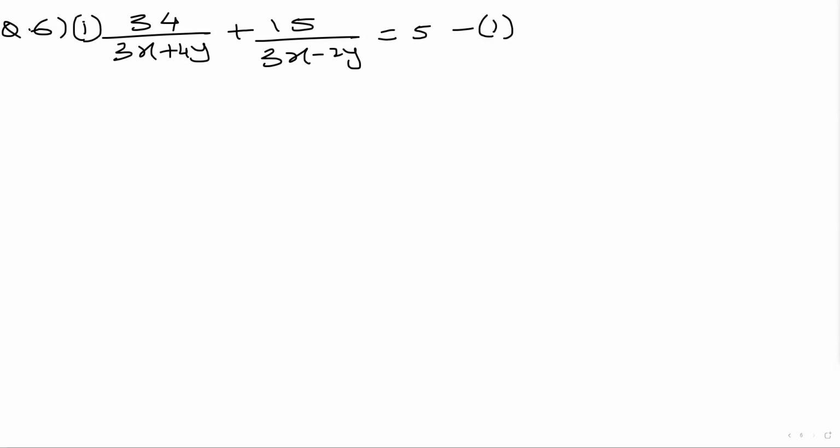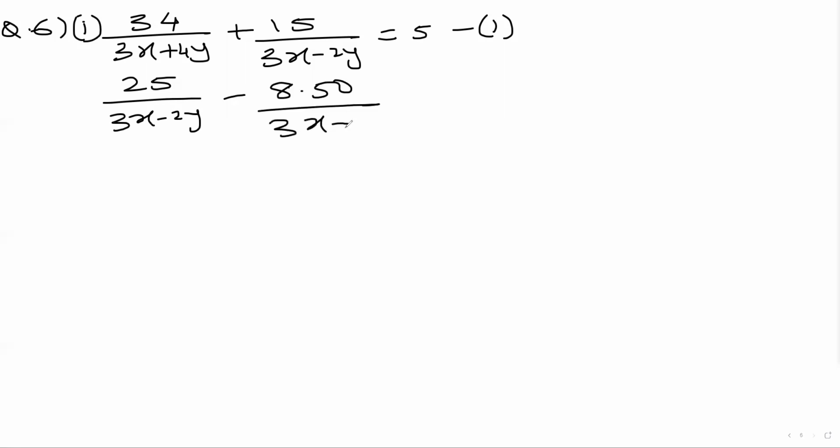And the second equation is 25 upon 3x minus 2y minus 8.50 upon 3x plus 4y is equal to 4.5.